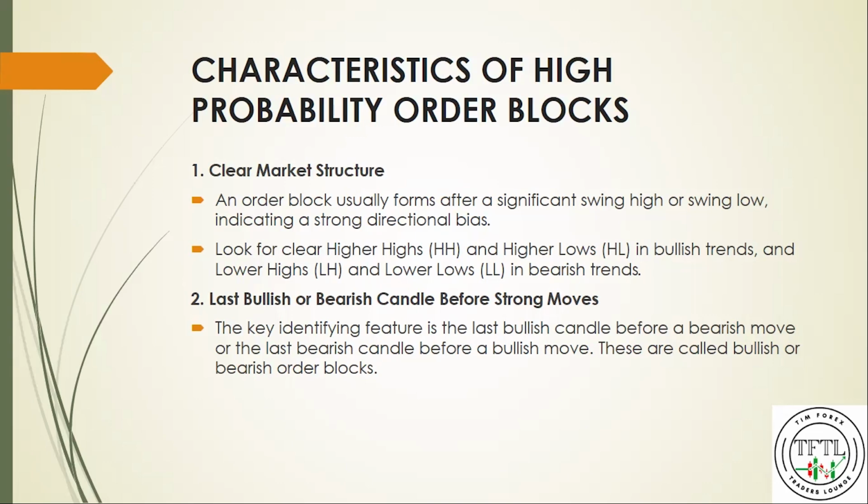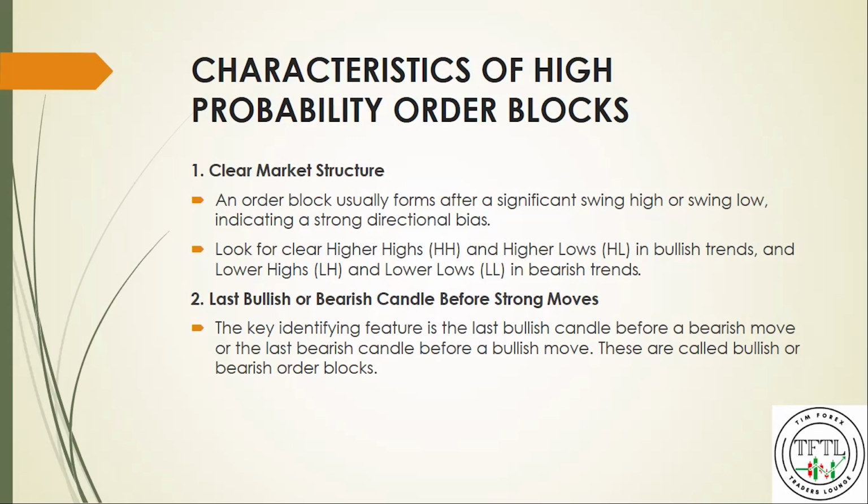So once you have identified a clear market structure, then look at the last bullish or bearish candle before strong moves. So the key identifying feature is that the last bullish candle before a bearish move, or the last bearish candle before a bullish move, are called bullish or bearish order blocks.